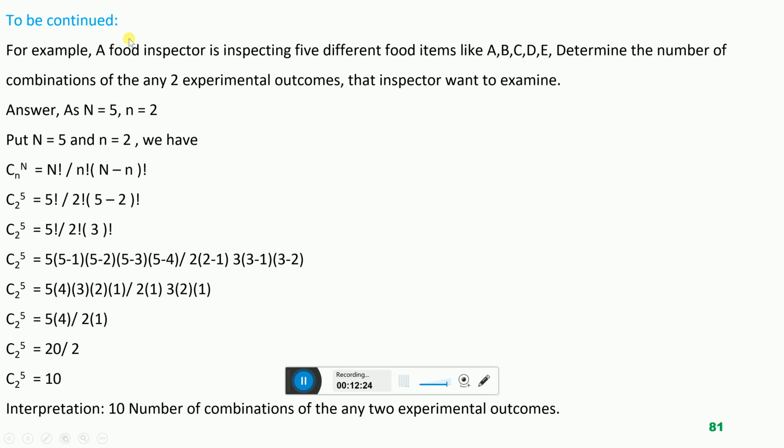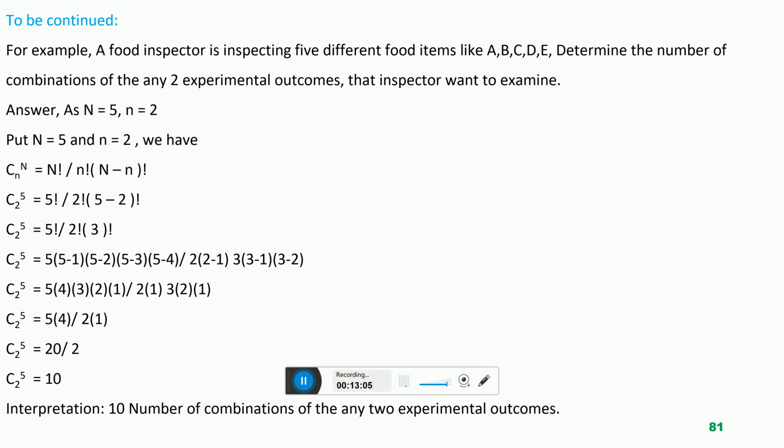For example, a food inspector is inspecting 5 different food items like A, B, C, D and E. Determine the number of combinations of any 2 experimental outcomes that the inspector wants to examine. In this example, it is very clear that the food inspector is inspecting 5 different food items, 5 objects, 5 products.